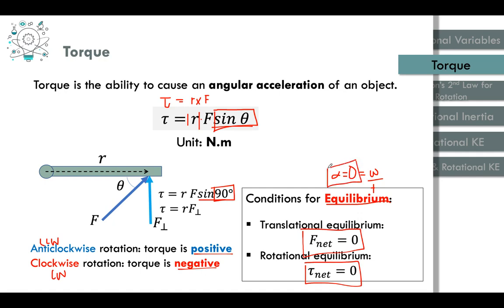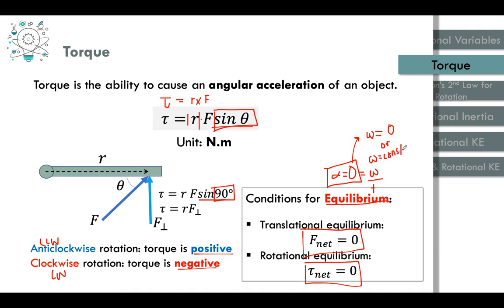So there is no angular acceleration. When angular acceleration is 0, we have two options. Omega, our angular velocity, is either also equal to 0, meaning the object is not rotating, or omega is a constant value.